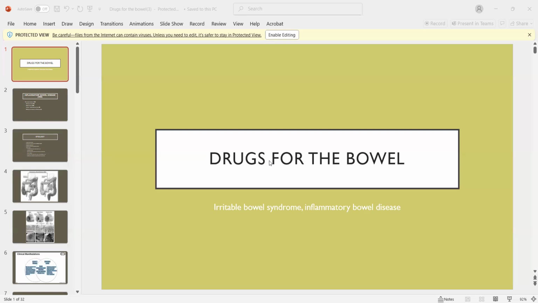So chlorpromazine, perphenazine, prochlorperazine, and promethazine, the drug known as Phenergan. Phenergan is used a lot in the ED. Someone comes in and they're very sick to their stomach. Phenergan is a good drug. That's promethazine.